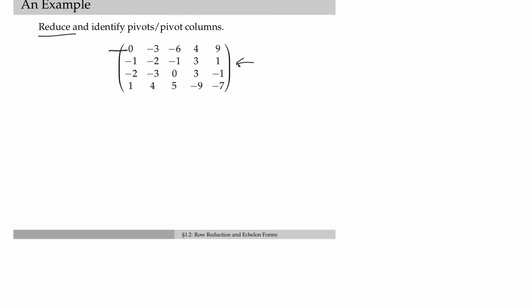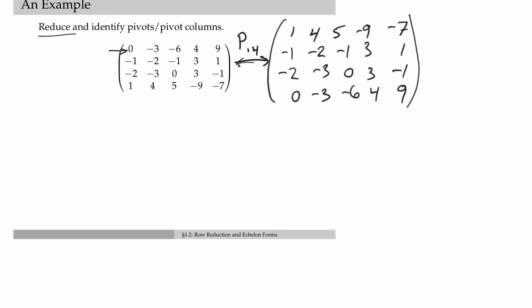So this entry right here needs to be a 1. Well, what I'm going to do is interchange rows 1 and 4. To interchange rows 1 and 4, what I will do is the row operation P14.